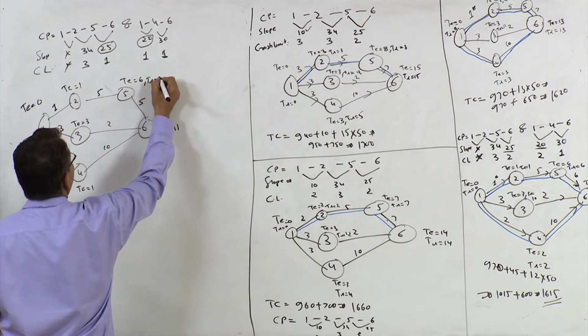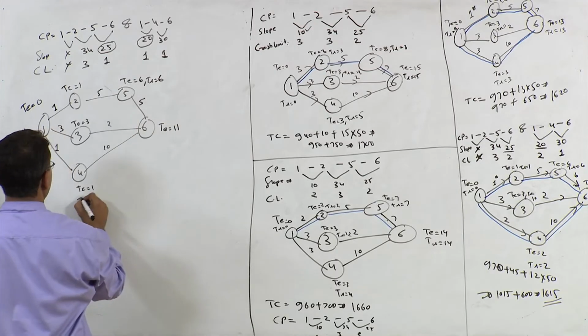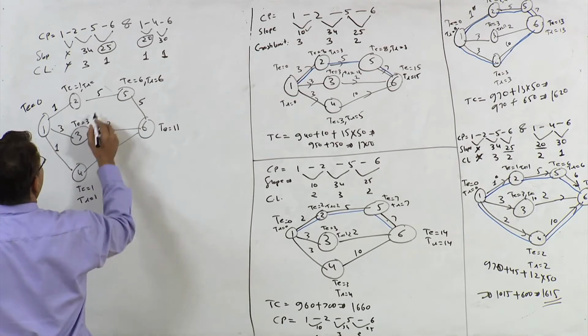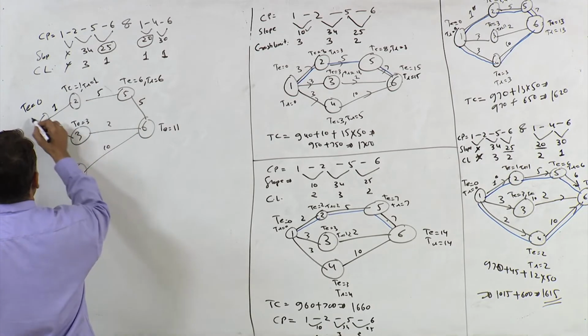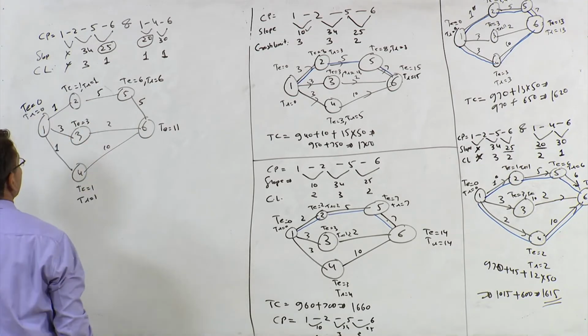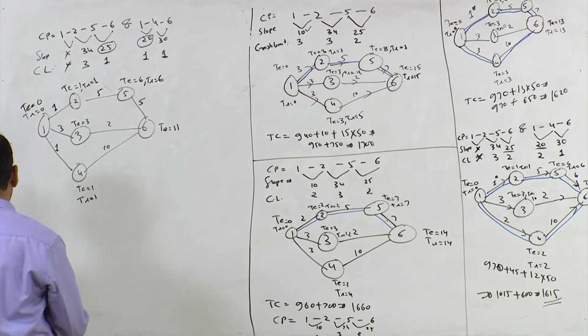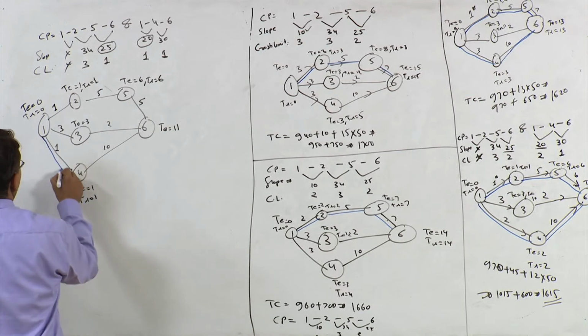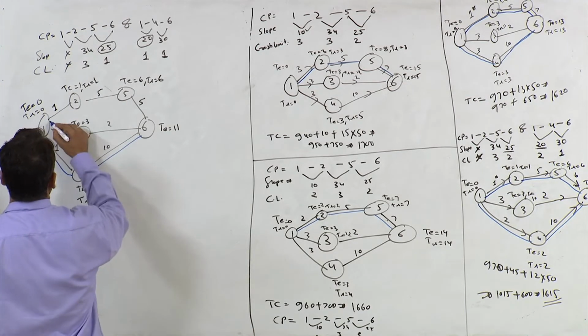TL 6, TL 1, TL here is 1, right? TL here is 0. So again you have got two critical paths, this one and this one.